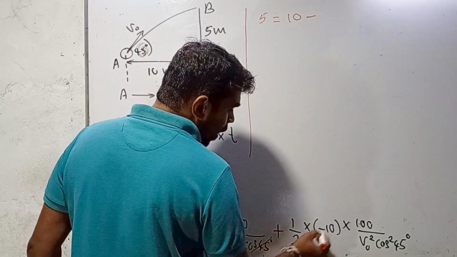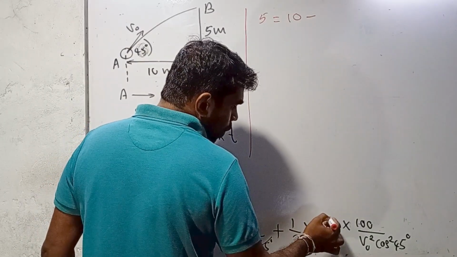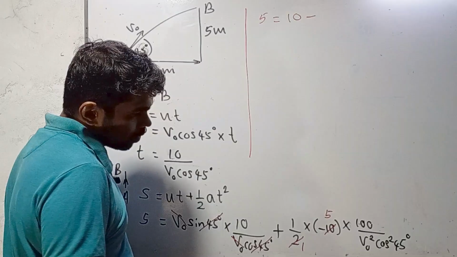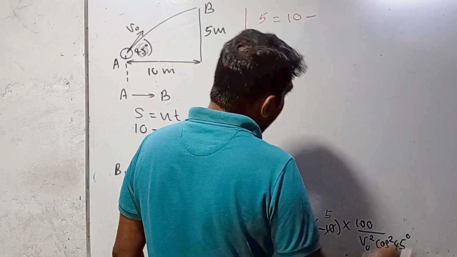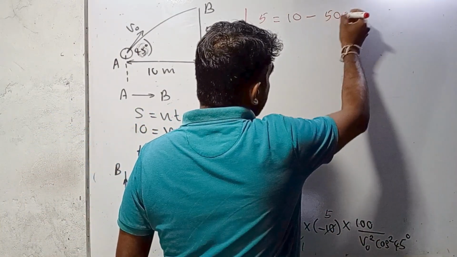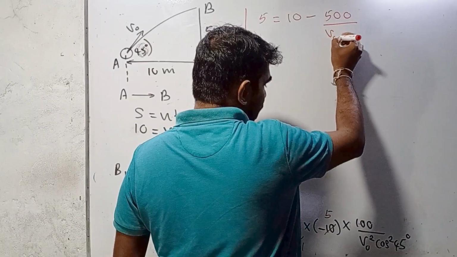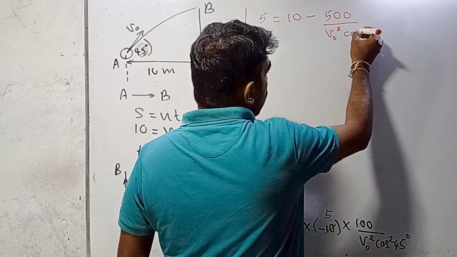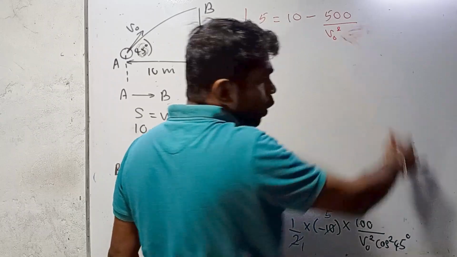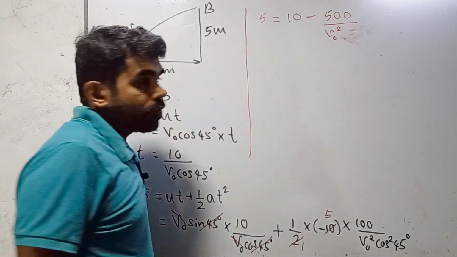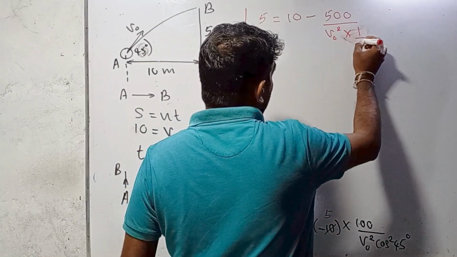We can cancel out 2 and 10: 2 divided by 2 is 1, 10 divided by 2 is 5. 5 into 100 is 500, divided by V0 squared cos squared 45. Cos 45 is 1 over root 2, so applying the square gives half.